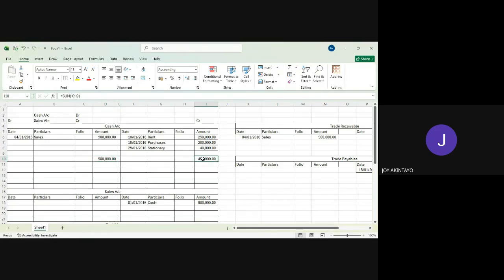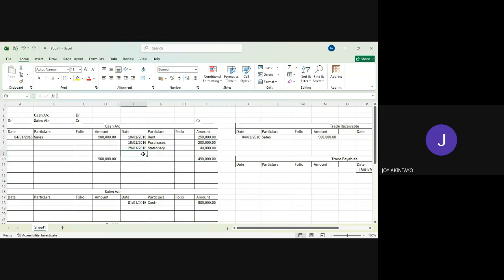Are we together? Which one is higher? Debit side. The debit side is higher with 900,000 naira. So we need to make the credit side have the same value with the debit side.